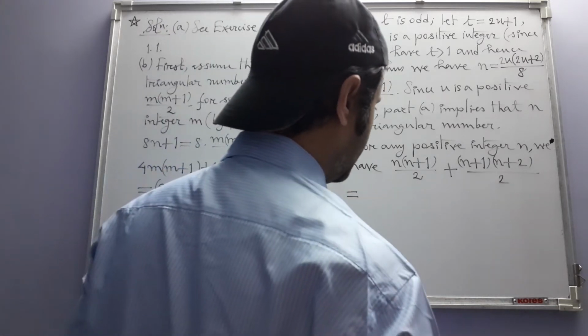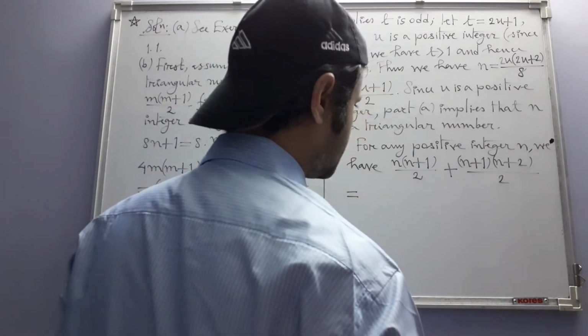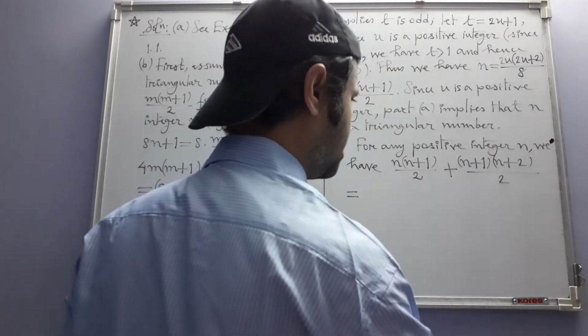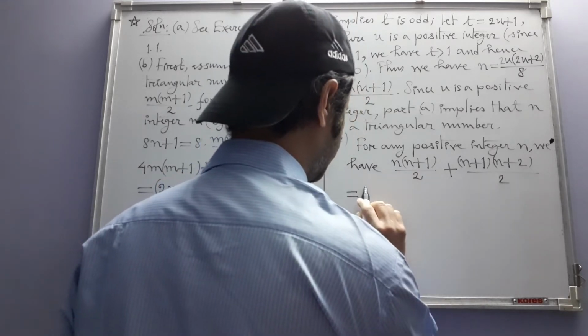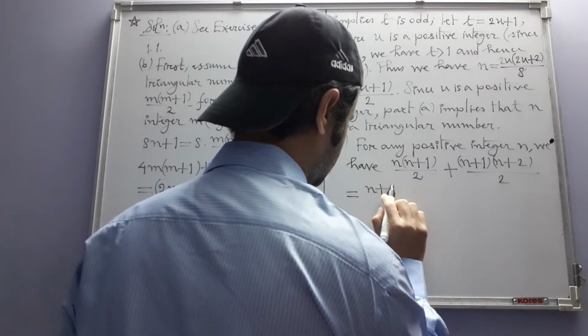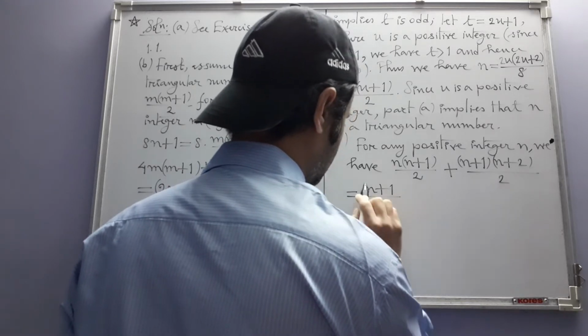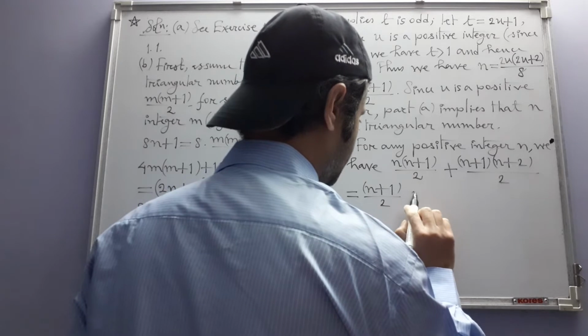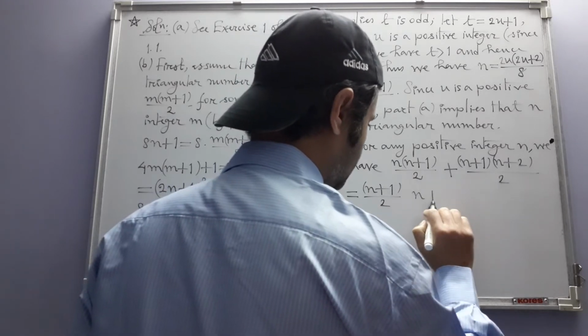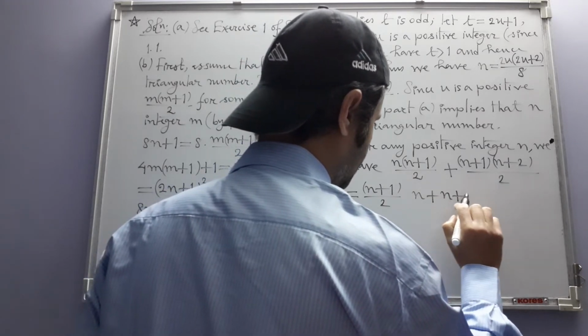Okay, now we can take n plus 1 divided by 2 common out, and in the first term we have n, in the second one we have n plus 2.